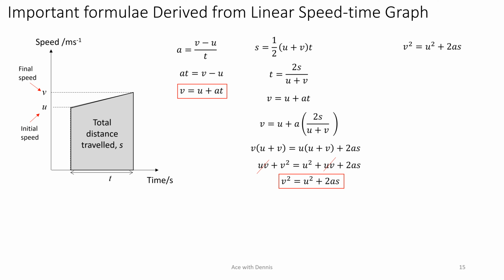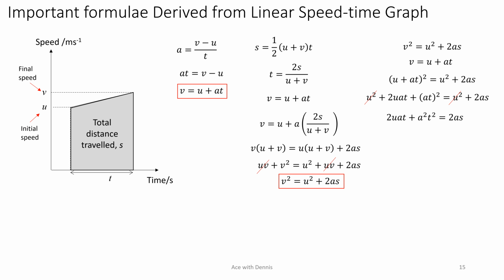Now, look at this. v squared equals u squared plus 2as, and v equals u plus at. So we substitute this first formula into the second formula. It becomes (u plus at) squared equals u squared plus 2as. When expanded, it becomes u squared plus 2uat plus (at) squared equals u squared plus 2as.